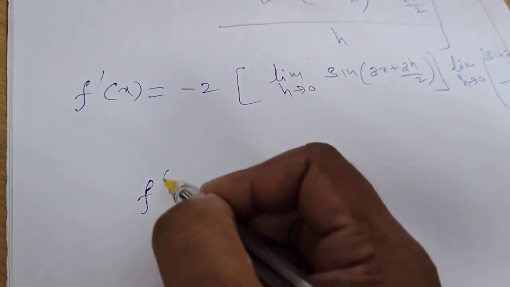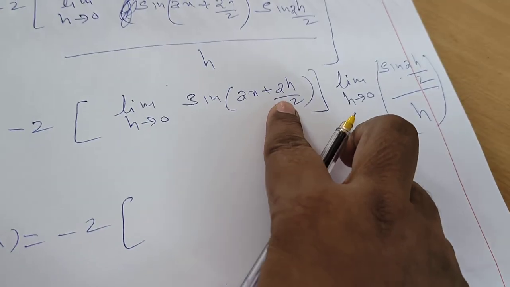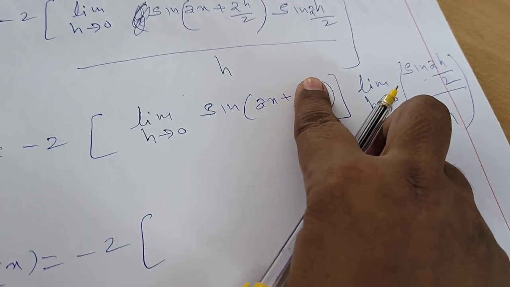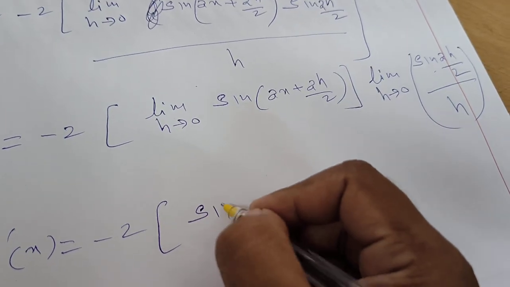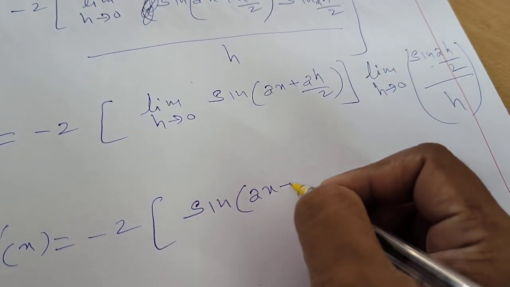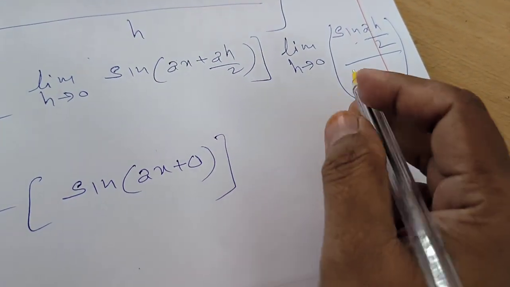Now f dash of x is equal to minus 2. When we substitute the limit h is equal to 0, the second term becomes 0. First we will write sin(ax plus 0) into, here we have limit.